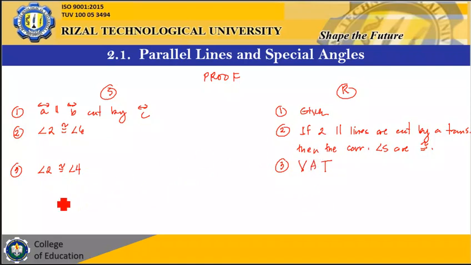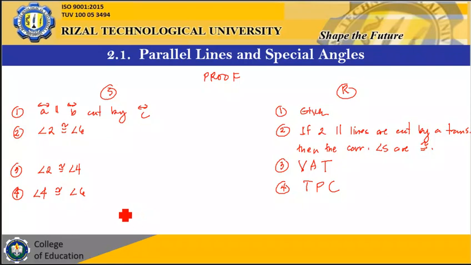Now, we can already conclude here that since angle 2 is congruent to angle 6 and angle 2 is congruent to angle 4, angle 4 is congruent to angle 6. That is by the transitive property of congruency.